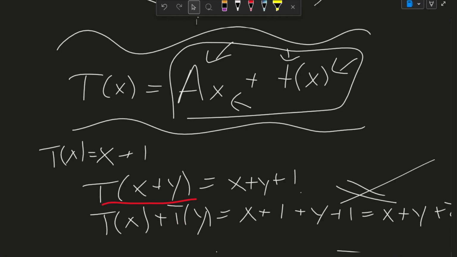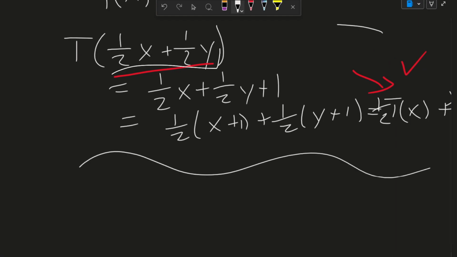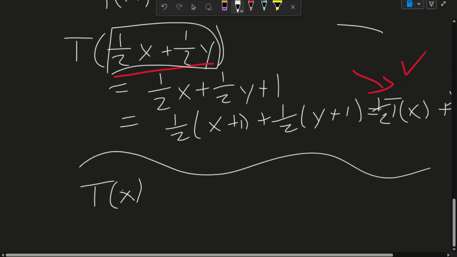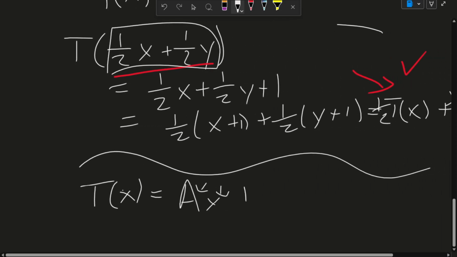If we go back to this test here, where we just plug in 1/2 x plus 1/2 y, that's a pretty good affine combination to work with for testing purposes, at least. And if we assume that t of x equals ax, so this is some matrix times x, plus t of x.